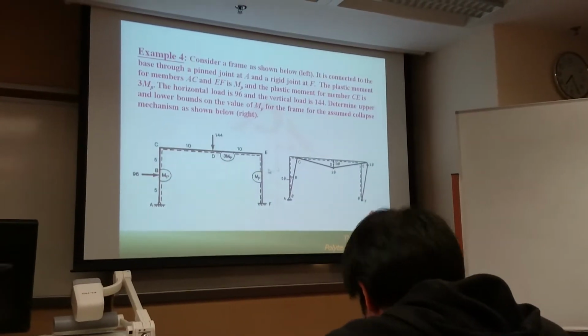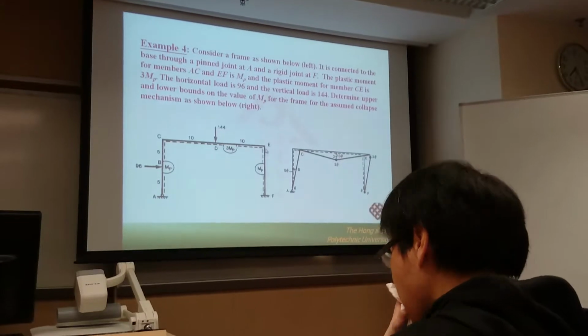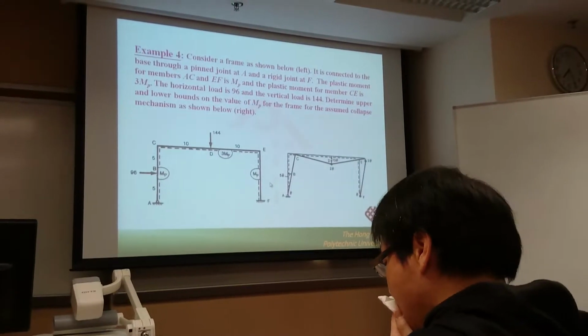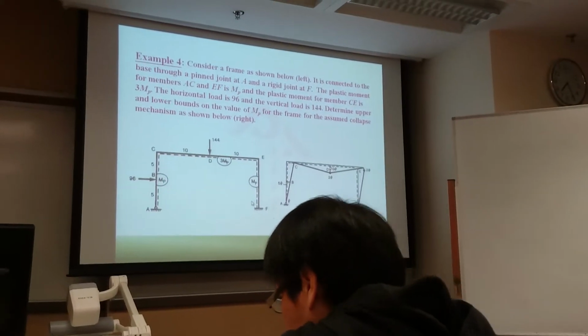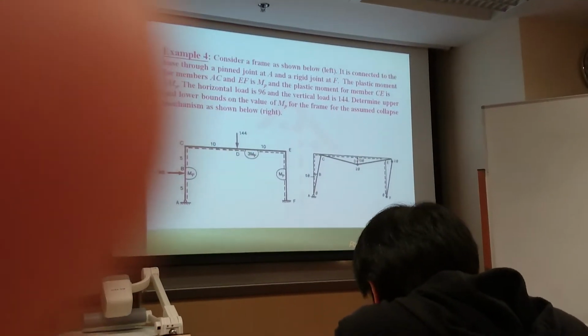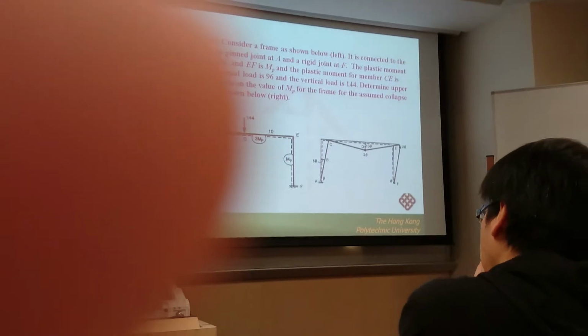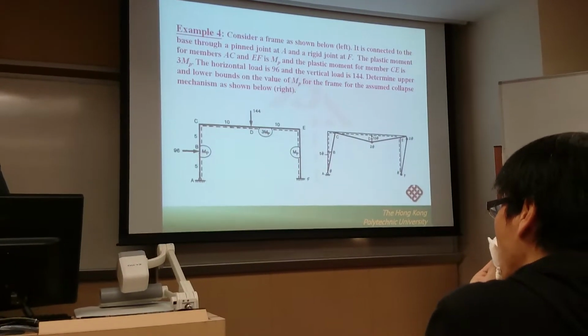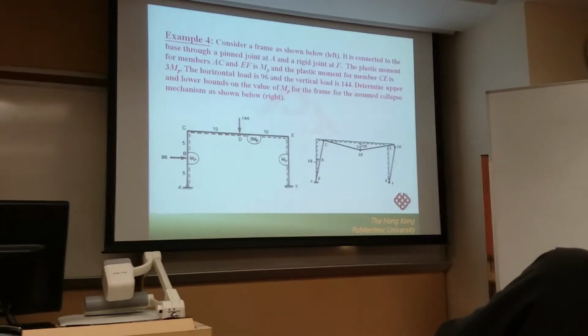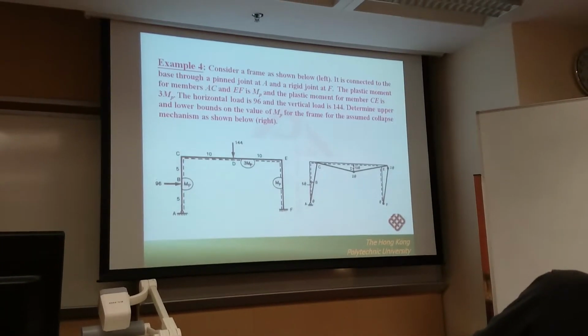For example, if the moment applied to this column is in this direction, definitely the moment for point F is in the opposite direction. So even for the column, it's very difficult to define hogging and sagging moment, but you know the direction of the moment for the column based on the equilibrium equation.